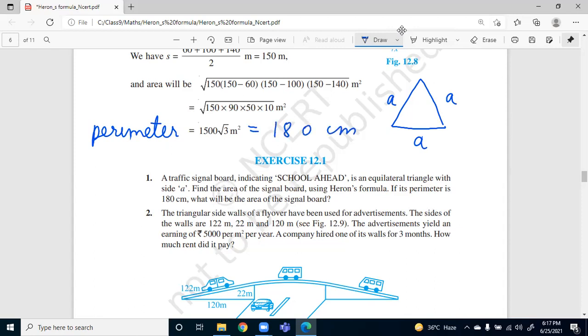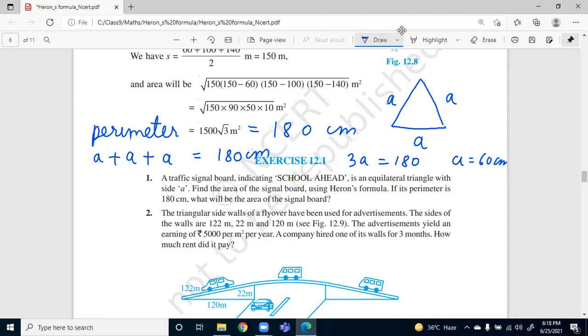So by perimeter, what do I understand? Perimeter means if I sum the length of all three sides, then it makes the perimeter. So a plus a plus a makes 180 centimeters. So you can say 3a is 180, so the value of a is 60 centimeters.